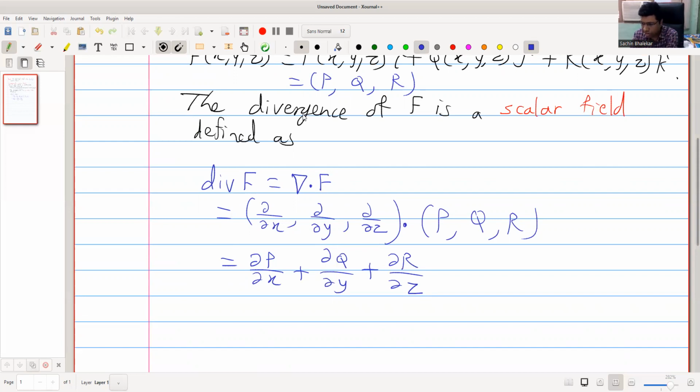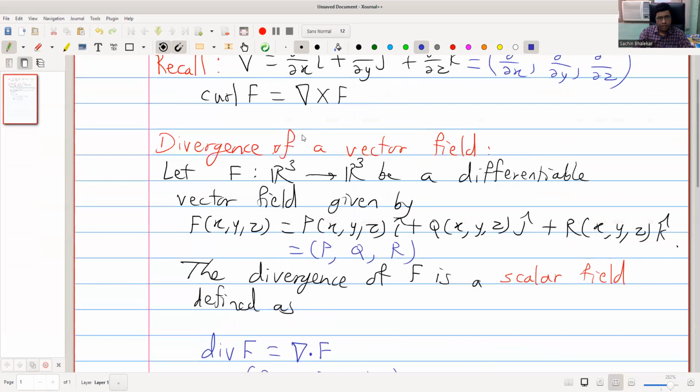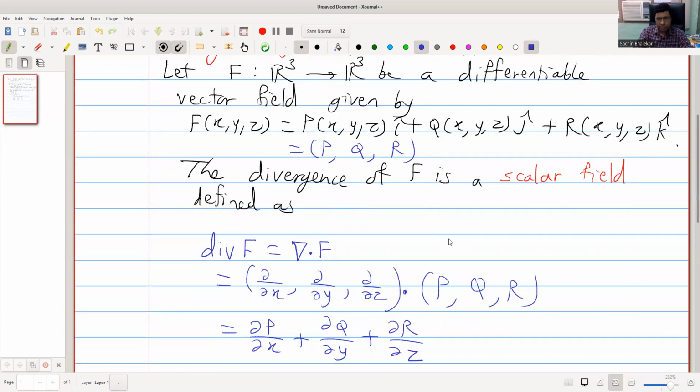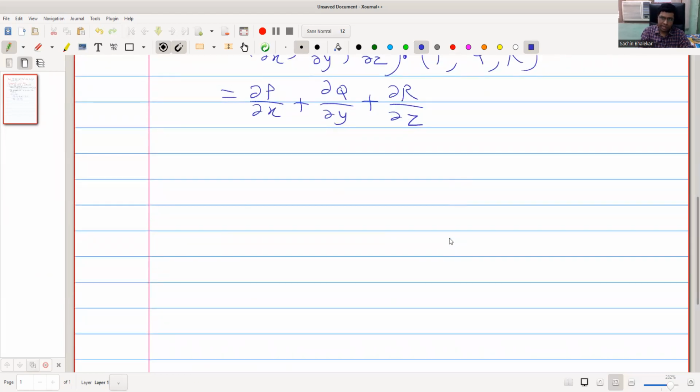Next thing is gradient of a scalar field. Okay, so we considered curl and divergence of vector fields. Now we consider gradient of a scalar field. So we consider scalar field phi.